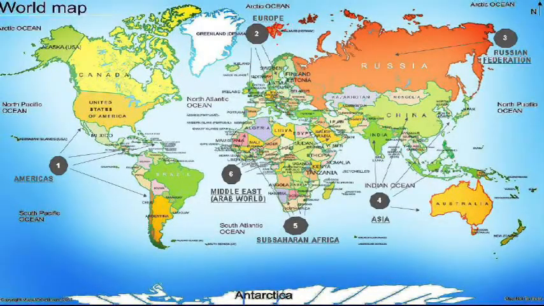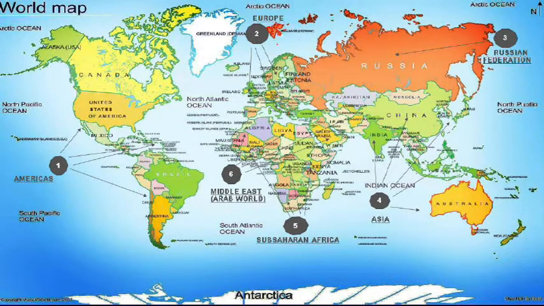First, you have the Americas, then you have the region of Europe, and then you have the Russian Federation. And the Russian Federation I consider a region because territorially it is such a large country. Matter of fact, it's the largest country in the world. We go to the fourth region, which is Asia. The fifth region is sub-Saharan Africa, that part of Africa below the Sahara Desert, hence its name.